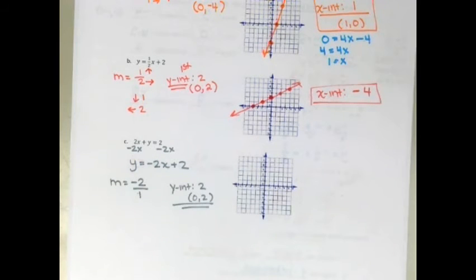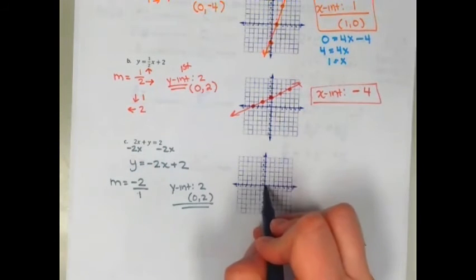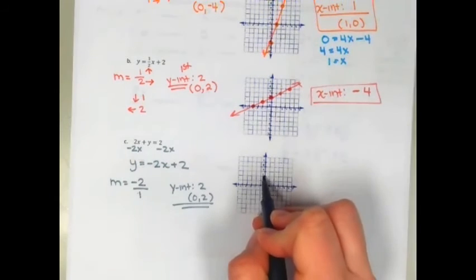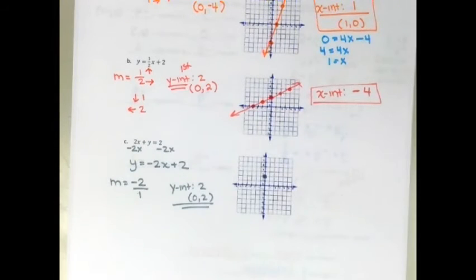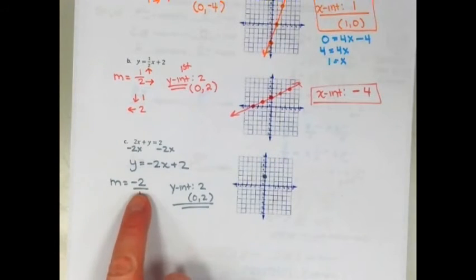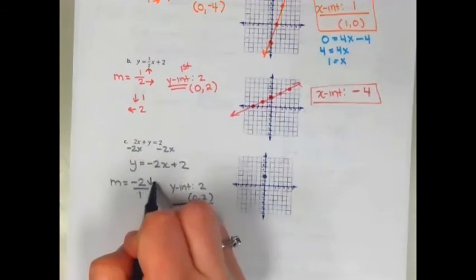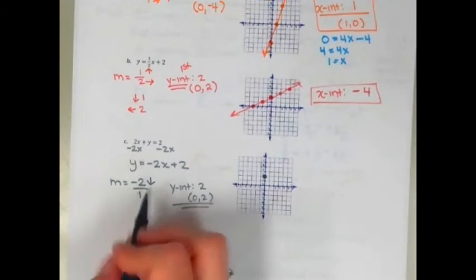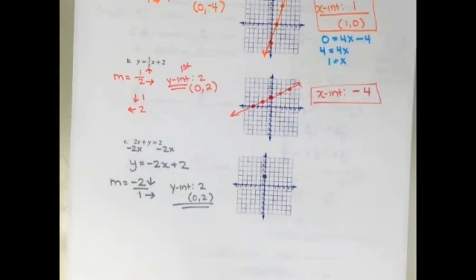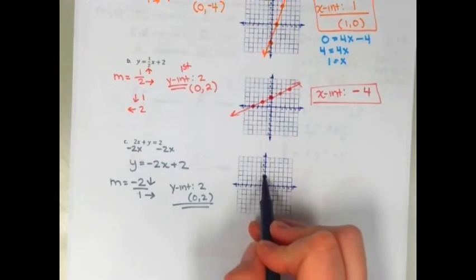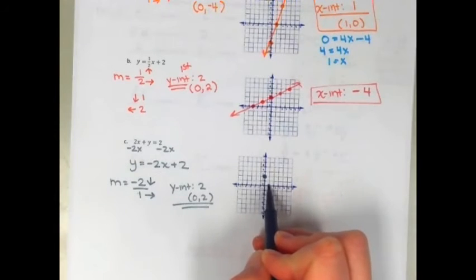So how do I graph the point (0, 2)? I'm going to go up 2, right? All right. Now, from there, let's use my slope. My rise is a negative 2. So what am I going to do? Go down 2. My run is positive, so I'm going to go to the right 1, right? So down 2, right 1.